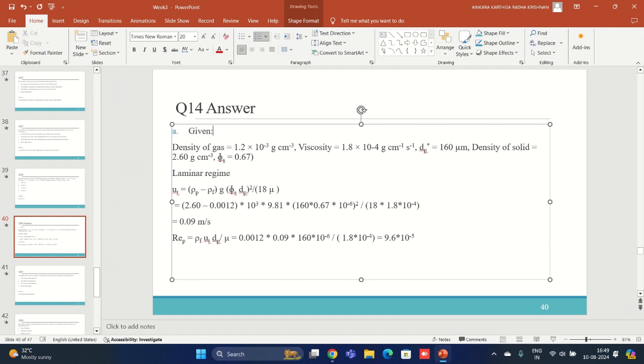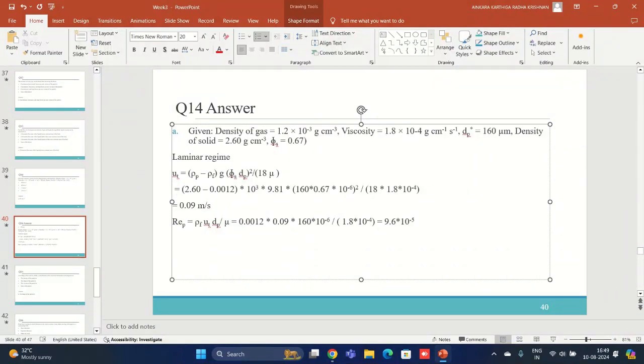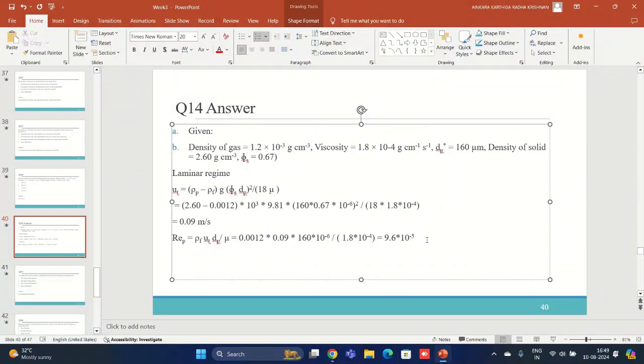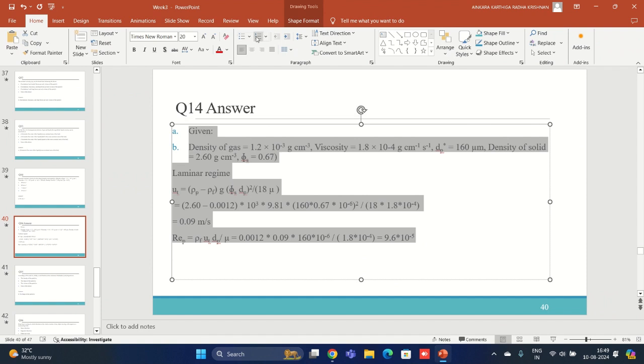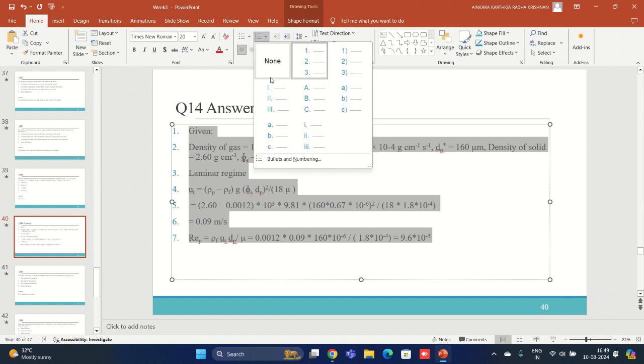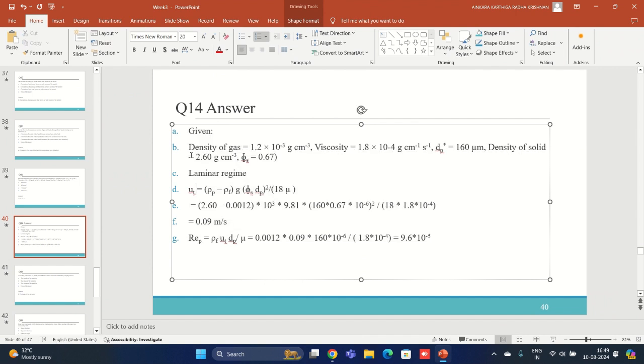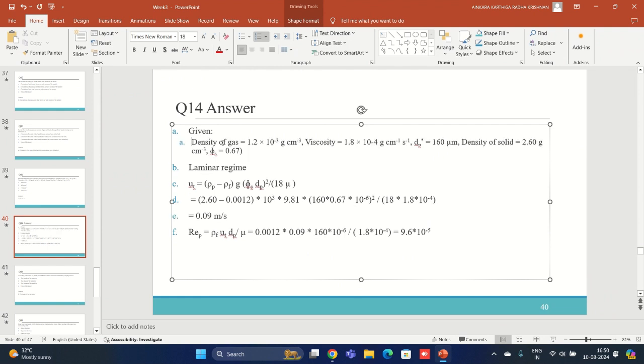Given: density of gas is 1.2 x 10^-3 gram per centimeter cube.